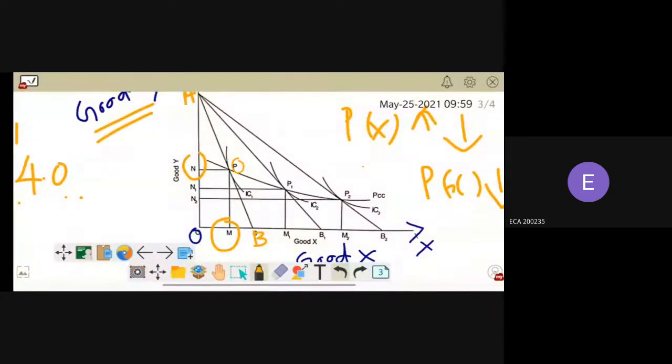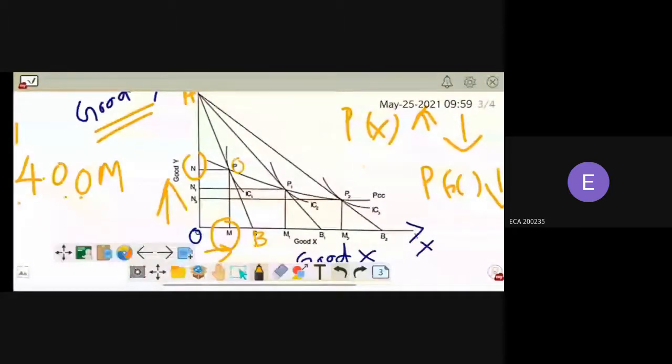So this much unit of Y and this much unit of X he has purchased. That is, he purchased OM units of good X.